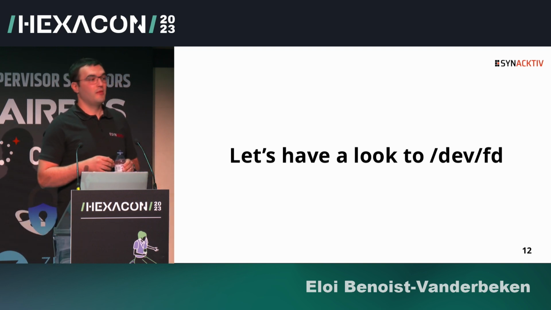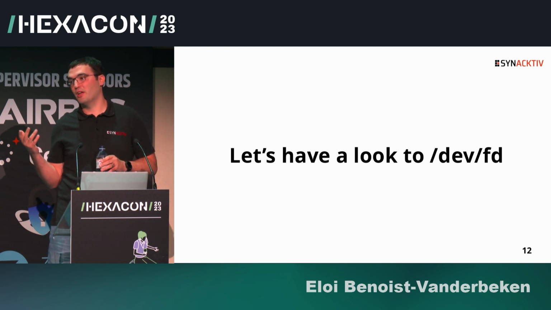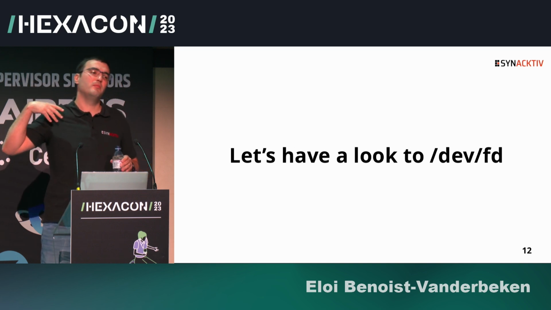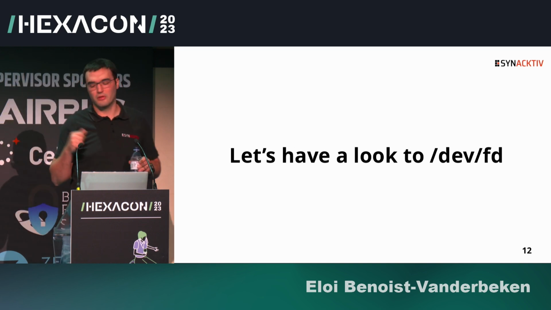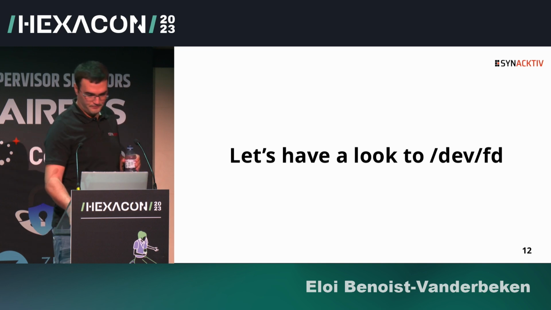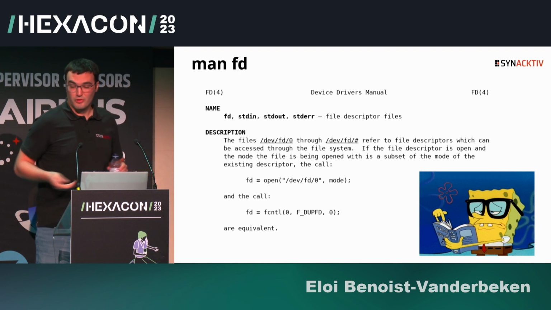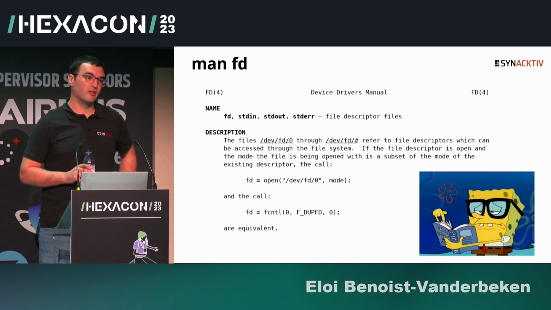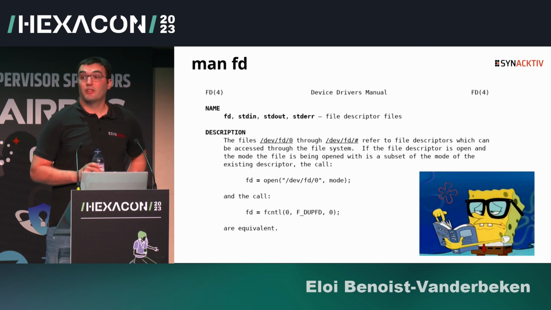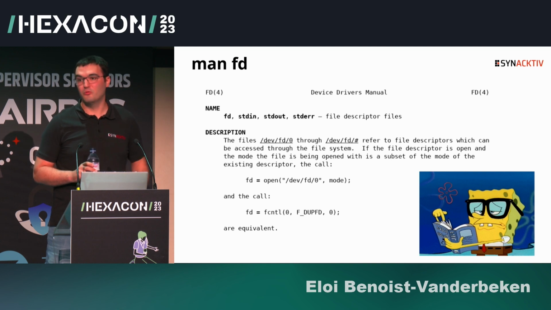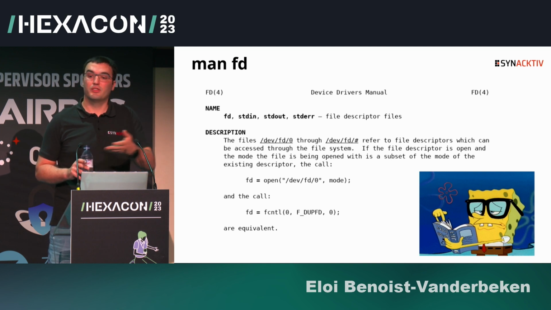Why devfd? Because it's a special file system, and I thought maybe there is something I can do to create arbitrary vnodes, and maybe I will be able to use this to exploit my vulnerability. If you don't know what devfd is, just read the manual. devfd is a little bit like proc self. I'm not a Linux expert, but you can see all your open FDs, and you can reopen them by opening them with the devfd path.